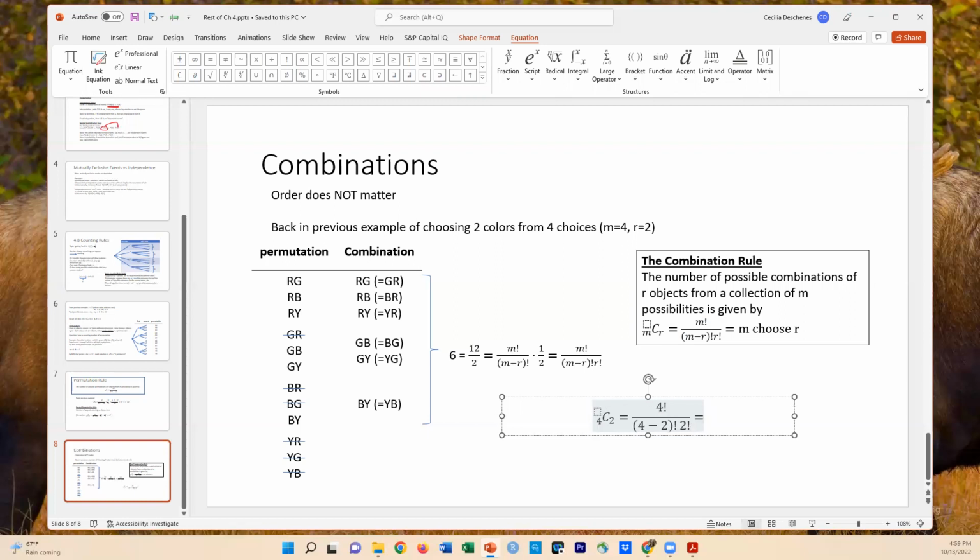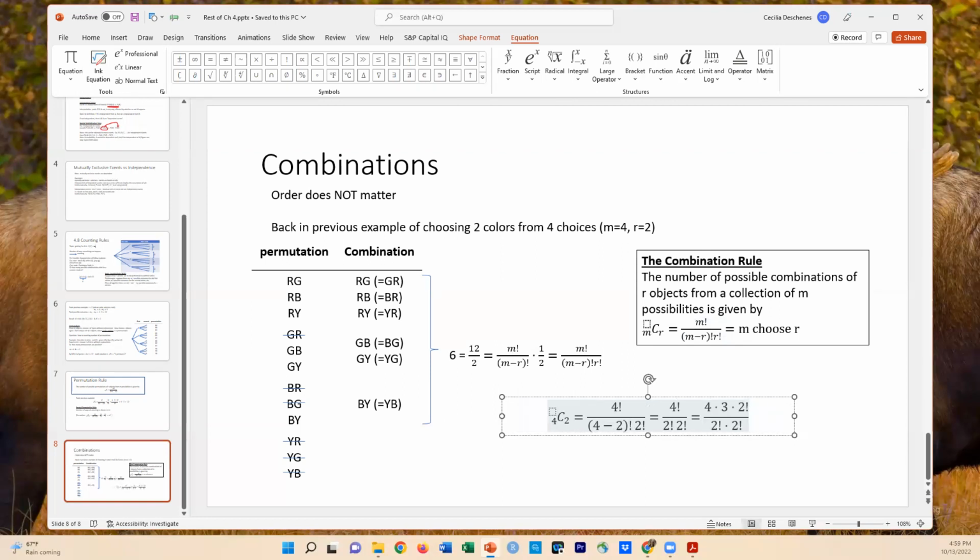And that's just going to be 4 factorial divided by 2 factorial and another 2 factorial. And that's just going to equal 4 times 3 times 2 factorial divided by 2 factorial and another 2 factorial, right?